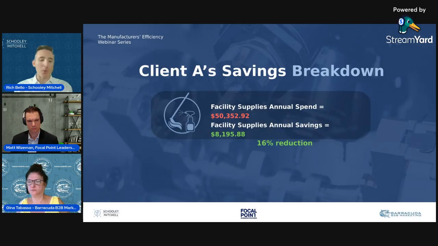So again, that was 17% in savings, and those materials were wide ranging from boxes to packaging materials all the way to their coffee. So as I discussed earlier, there's lots of things that are included here, and it's a lot of stuff that sometimes is overlooked, but there is opportunity to find savings, and it could be pretty substantial, significant savings.